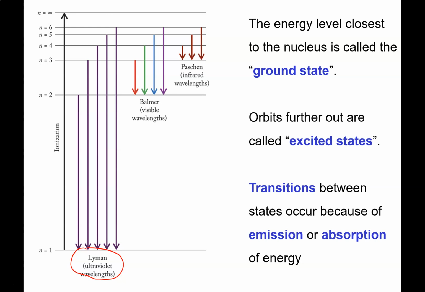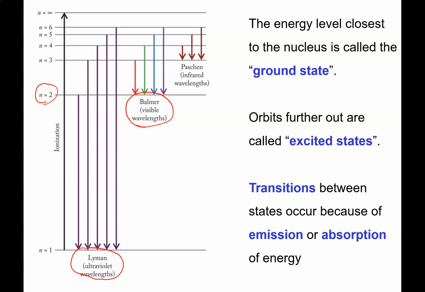When an electron moves from a stationary state further away from the nucleus to the n equals 2 level, it emits a photon that's not quite as energetic, which will now be in the visible region of the electromagnetic spectrum, and that corresponds to a line in the Balmer series.